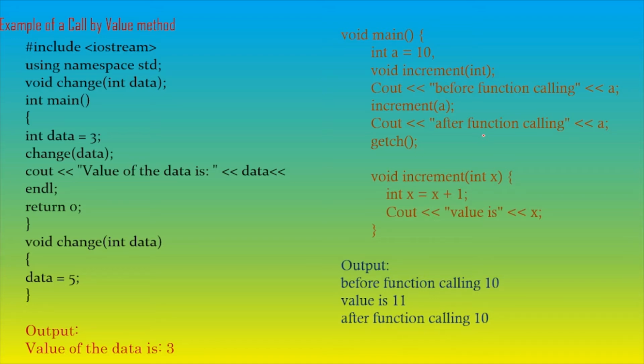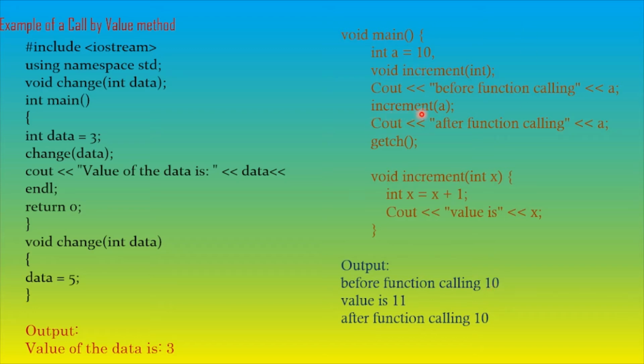We are defining one function, increment, and it takes one integer argument. Here we have cout, before function calling, a. It displays before function calling the value of a, 10.